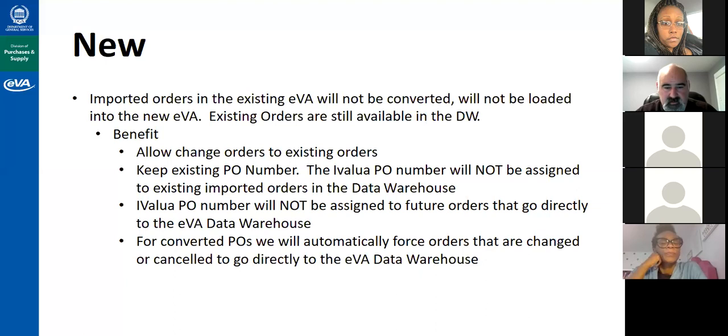We are keeping the existing ERP PO number in the data warehouse. Again, you will not have an iValue PO number for those orders that are currently in the data warehouse.